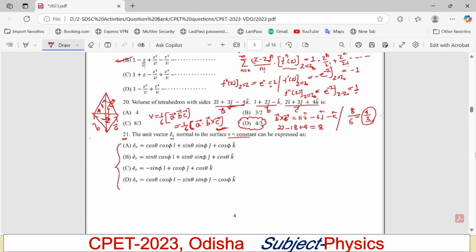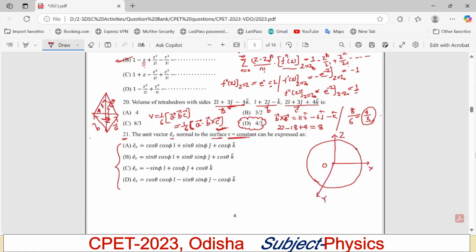Okay, so here the surface equation given that R equal to constant is nothing but a sphere. This is the equation of the sphere whose center is at origin. If I consider this one is your z axis, this is your x axis, and this is your y axis.